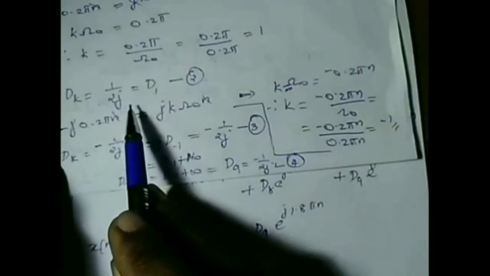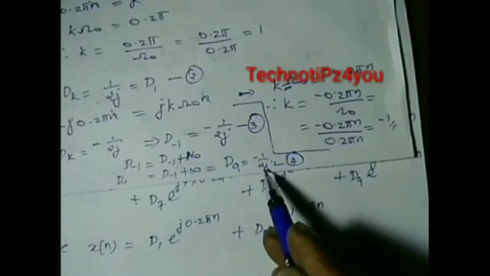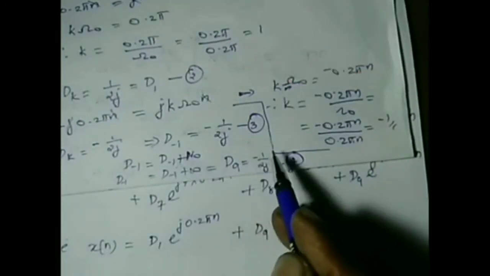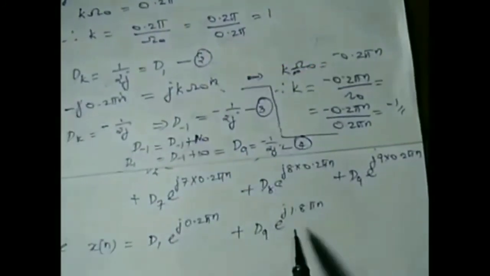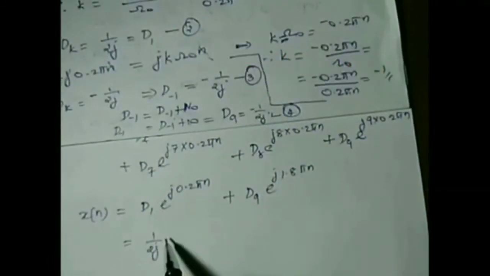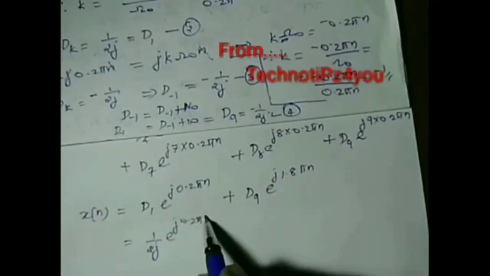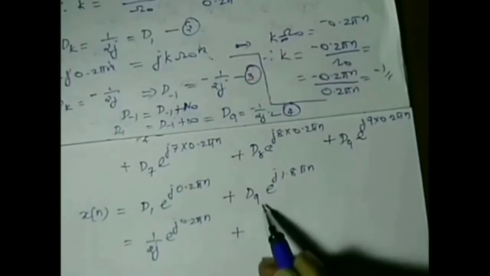From equations 2 and 4 we have d1 equal to 1 divided by 2j and d9 equal to minus 1 divided by 2j. Now I'm going to substitute equations 2 and 4 into this equation. Then I'm getting 1 divided by 2j e raised to j 0.2 pi n, then plus d9.